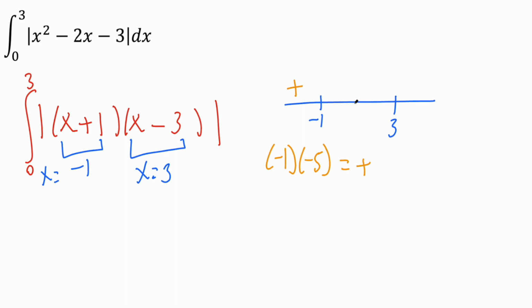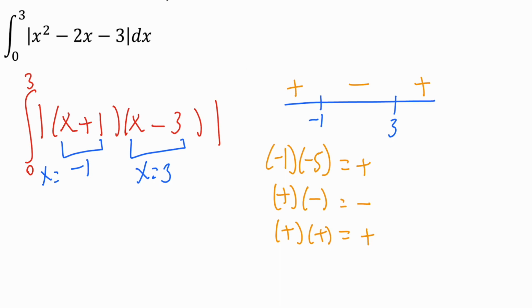Let's say x is 0. 0 plus 1 is a positive number. 0 minus 3 is a negative number, so a positive times a negative is a negative number. And lastly, let's try 4. 4 plus 1 is 5, a positive number, and 4 minus 3 is a positive number. A positive times a positive is a positive number, so plus.